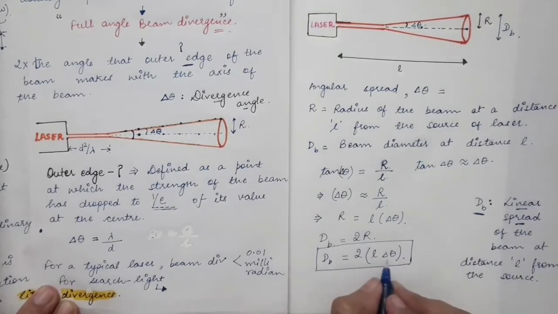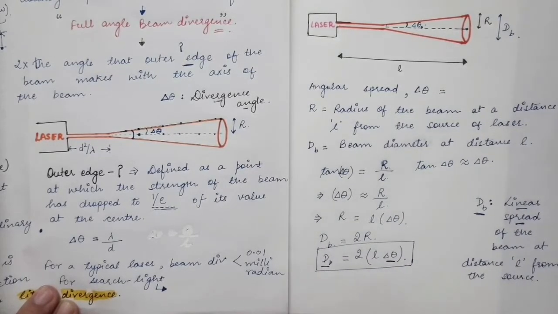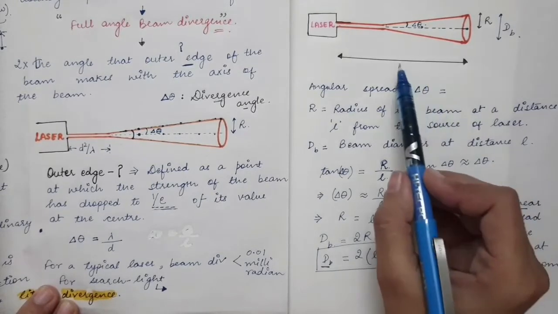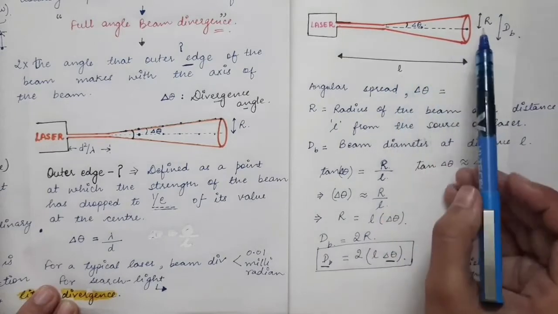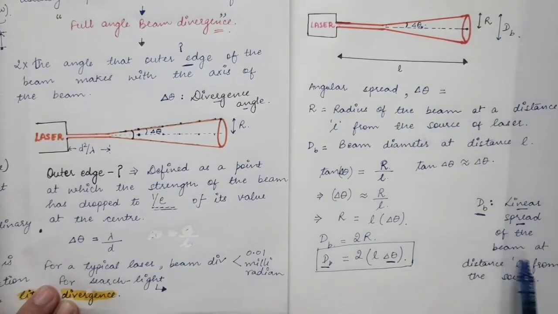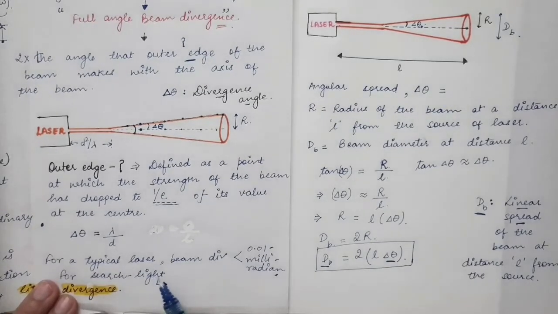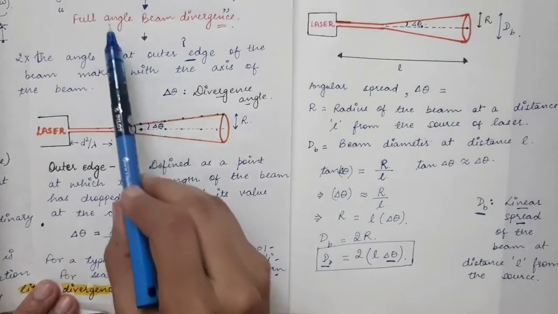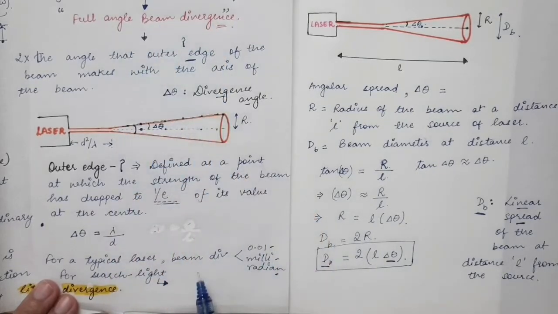So this is how the angular spread and the linear spread of the beam are related to each other. As you increase this distance L, the linear spread of the beam will also increase. For a typical laser, the full angle beam divergence has been calculated.